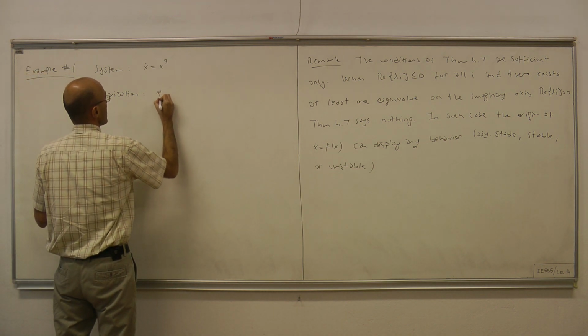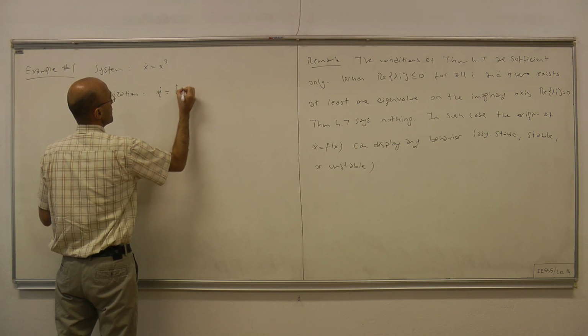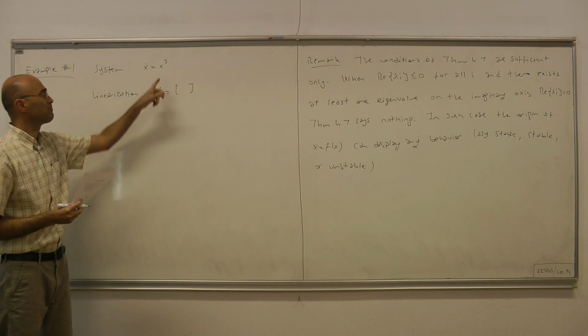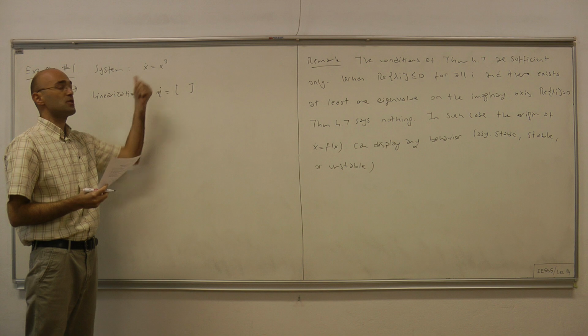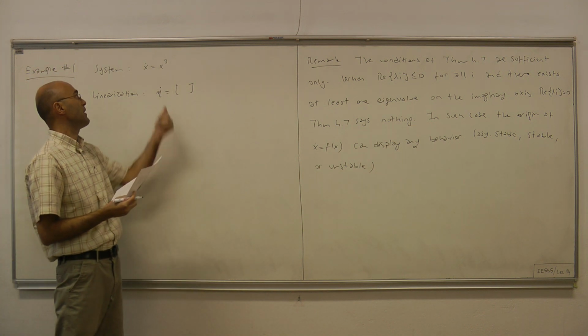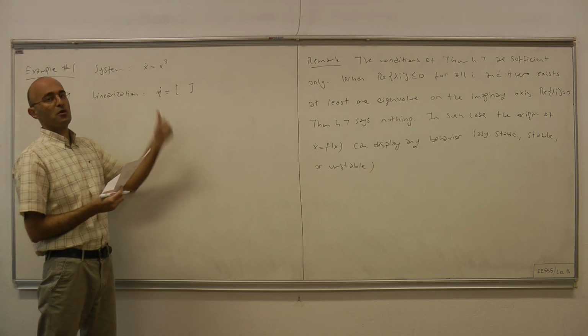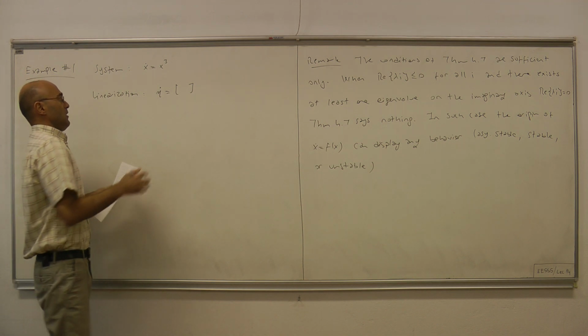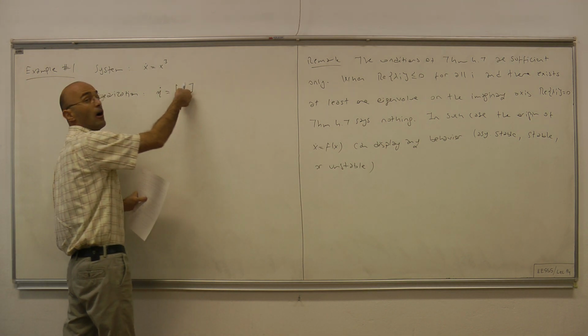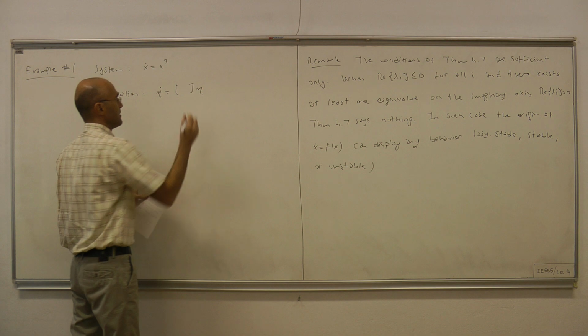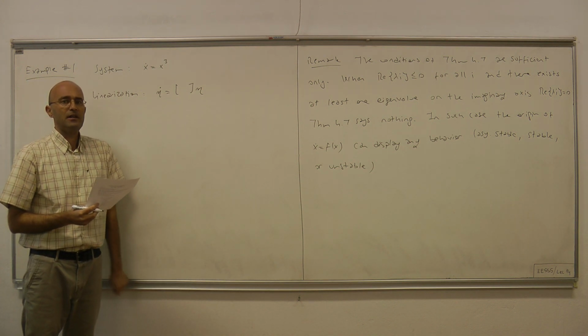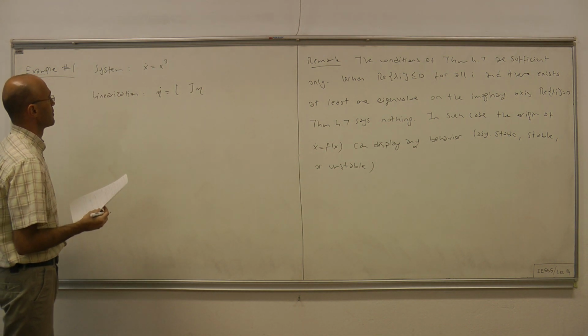Eta dot equals the Jacobian of f of x, evaluated at the only equilibrium point, which is the origin, that is our A matrix, times eta. So this is the linear approximation of the system.